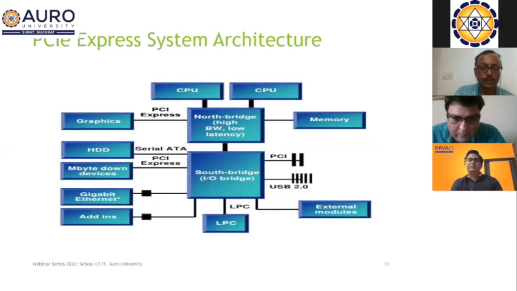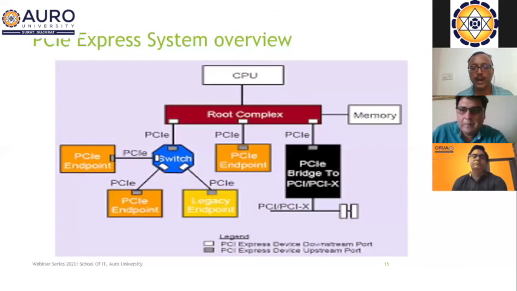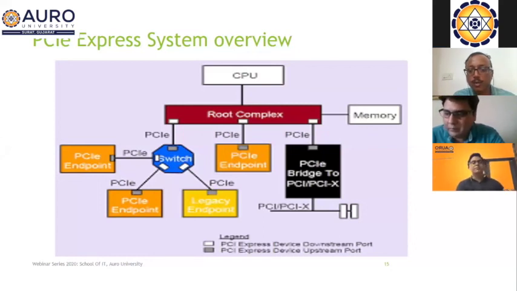Okay, so the bridge is basically connecting two ends, right? In this picture, you can see that the PCI Express transport is getting connected with the old legacy PCI drives, or parallel PCI drives, which are older versions.